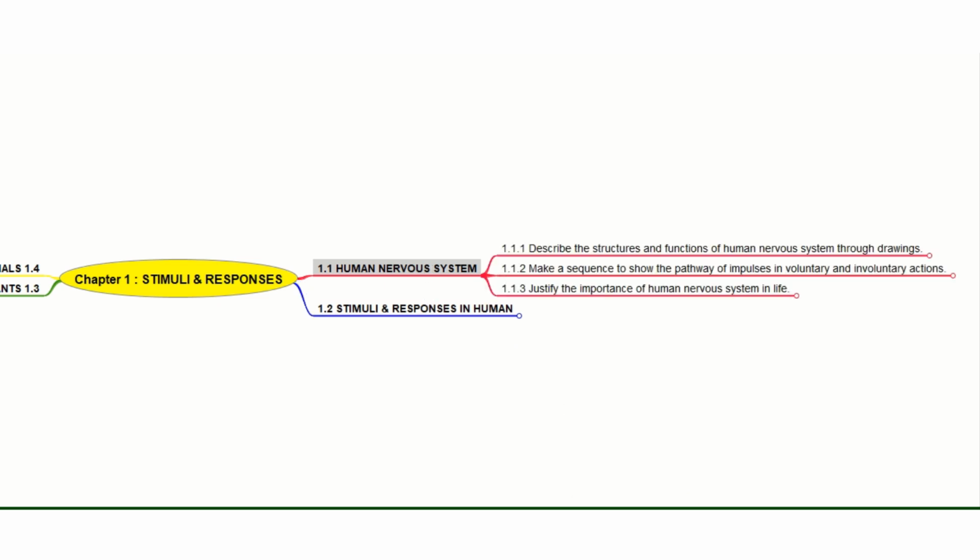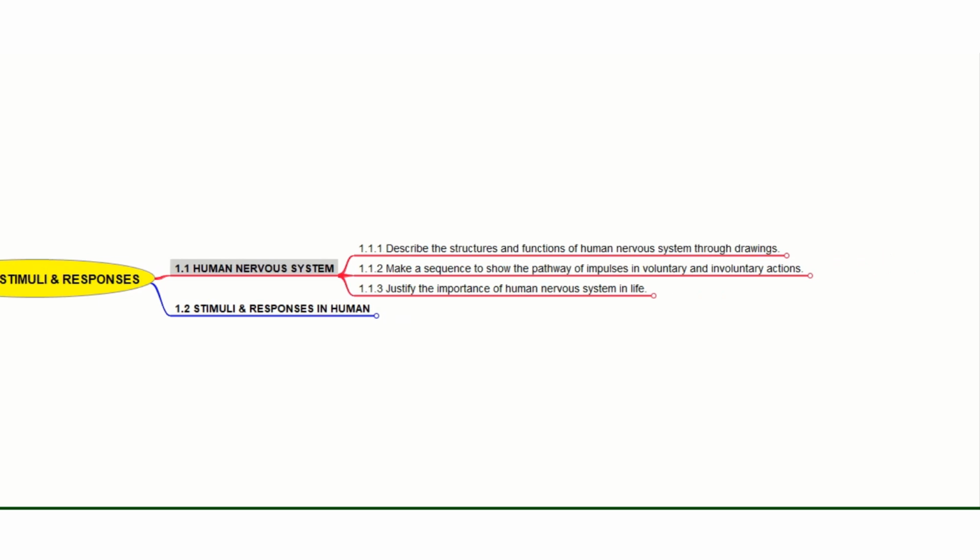For content standard 1.1, we have 3 learning standards. 1.1.1 describe the structures and functions of human nervous system through drawings. 1.1.2 make a sequence to show the pathway of impulses in voluntary and involuntary actions, and 1.1.3 justify the importance of human nervous system in life.